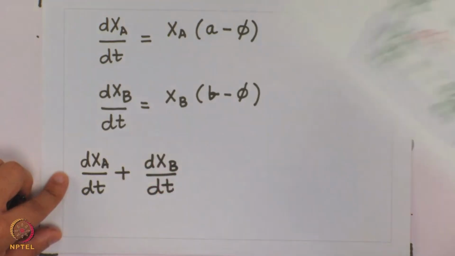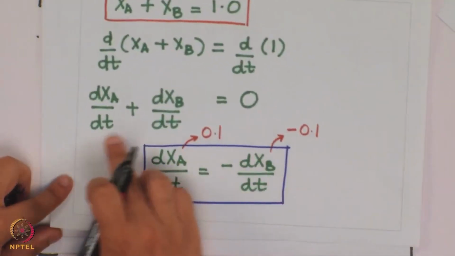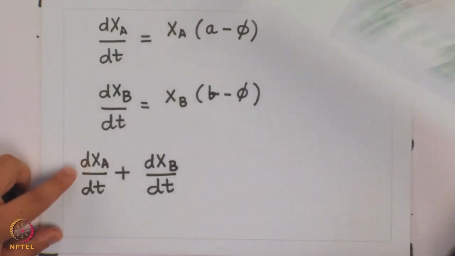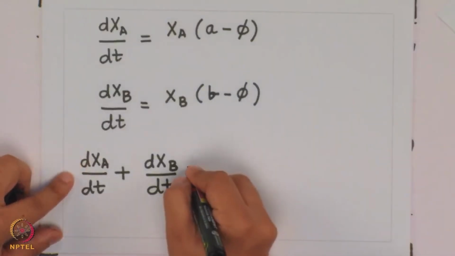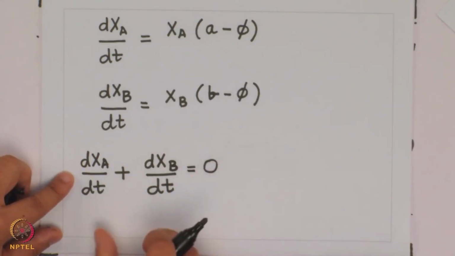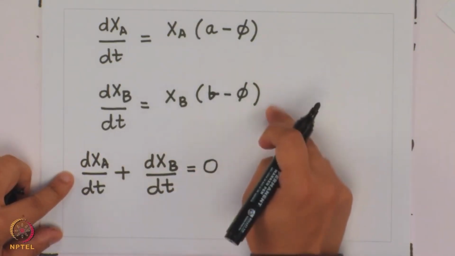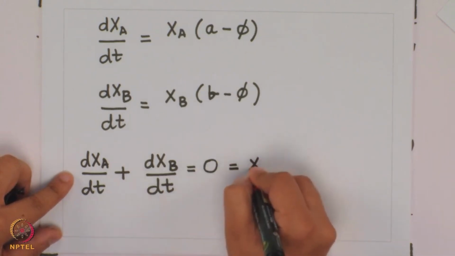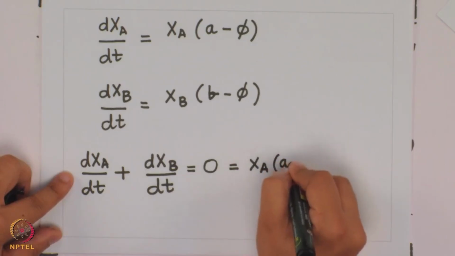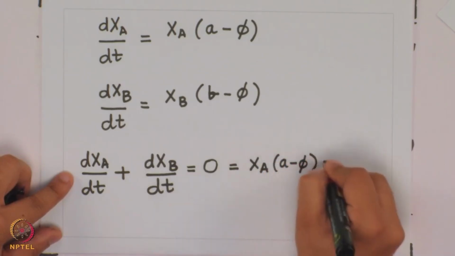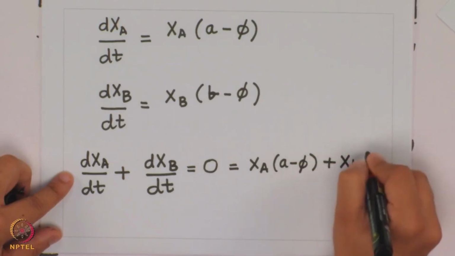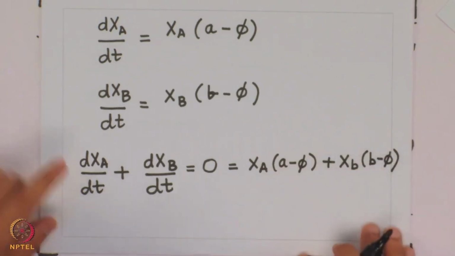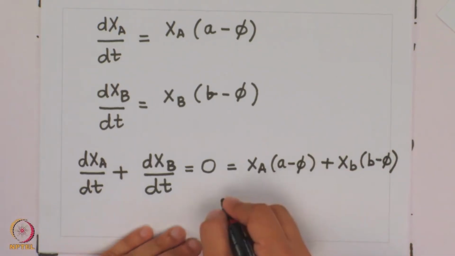We know from the analysis that we just completed that these two derivatives when added together must be equal to 0. So, this is equal to 0, this we know from the previous slide, but what we have done here is derive expressions for these derivatives, and this gives me xa times (a minus phi) plus xb times (b minus phi).